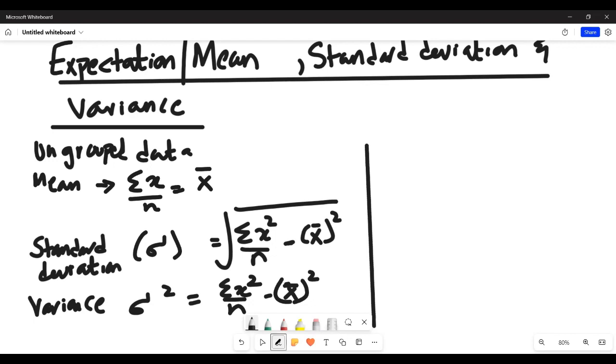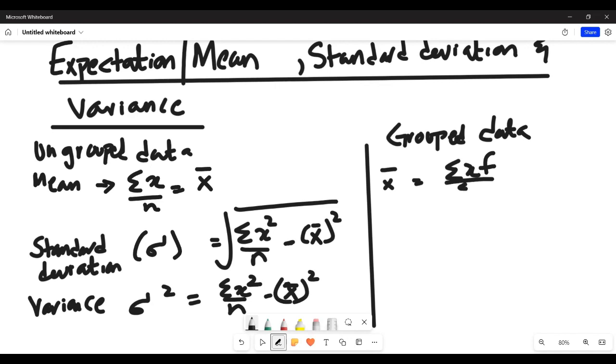Next, we talk about grouped data. So again, from O levels, we already know that for grouped data, the mean is summation xf upon summation f.